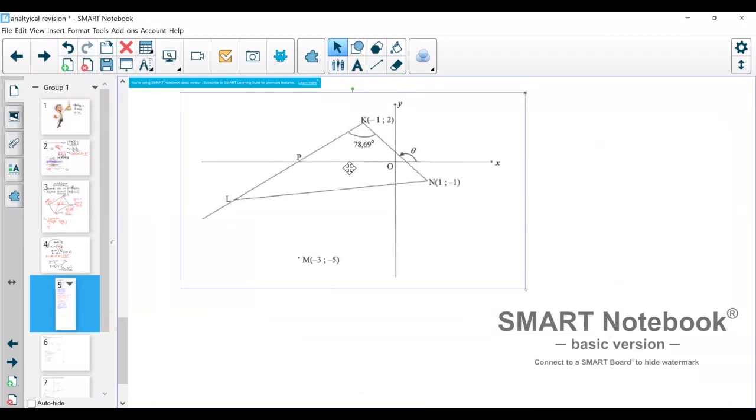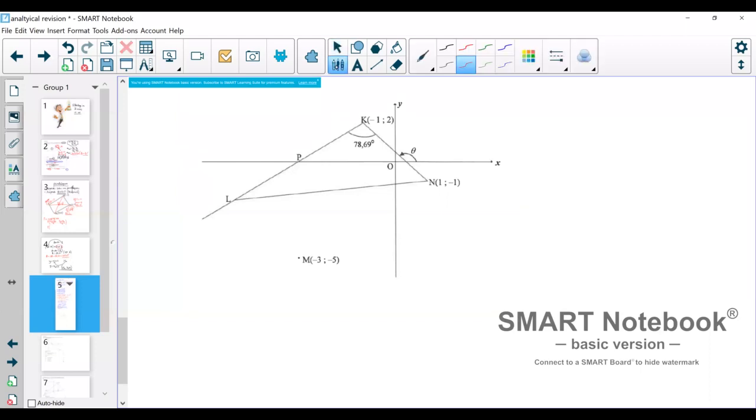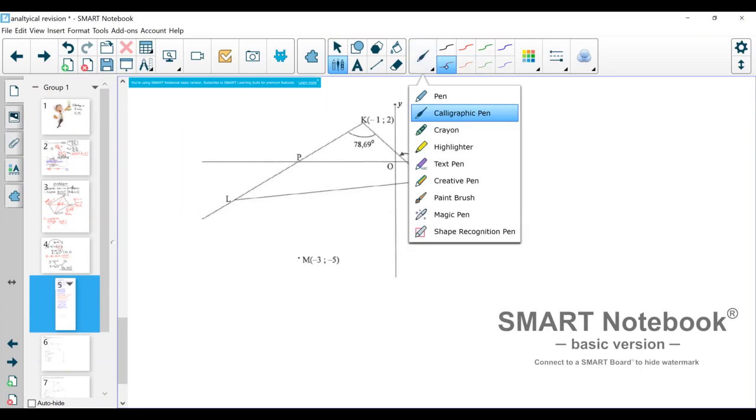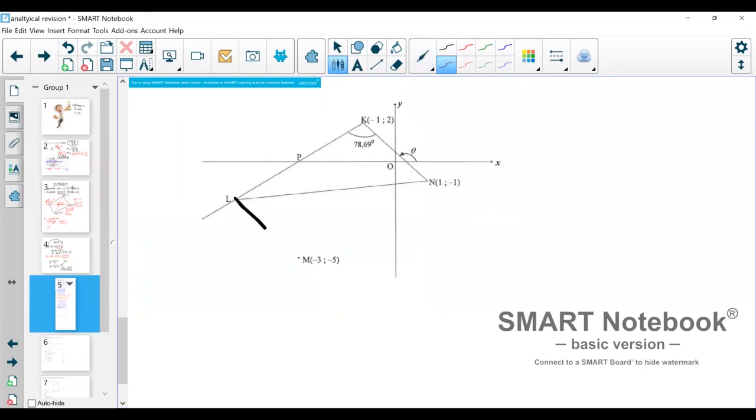Now we are told, by the way, I'm going to complete my construction here. Root 13, remember, we also got this as root 13. We are told that T is a point if we produce KL.